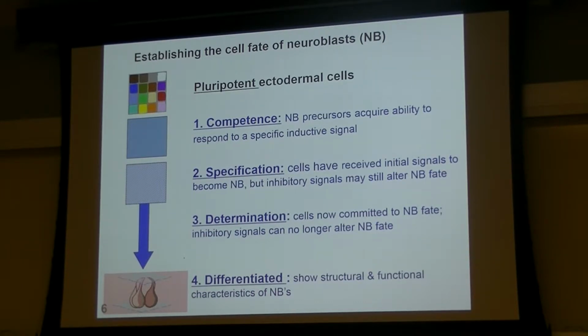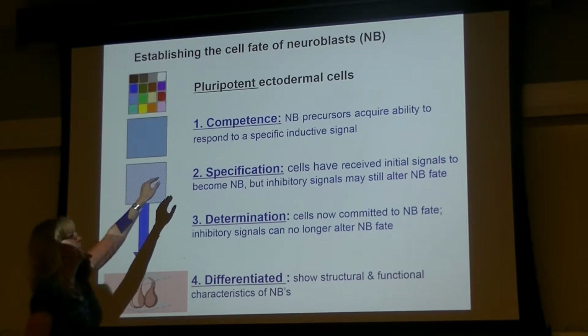So competence is going to refer to the ability of the cell to respond to signals that it might see in its environment, such as paracrine factors or juxtacrine factors or even endocrine factors that are coming from other cells and contributing to the decision of that cell about what its cell fate would be.